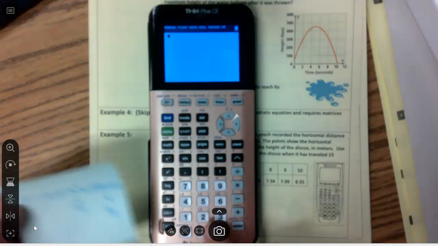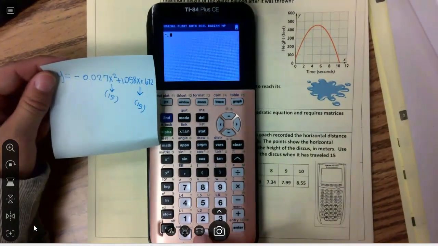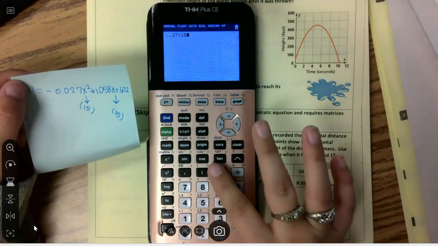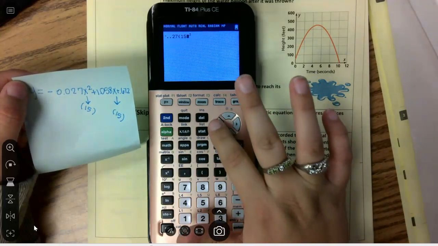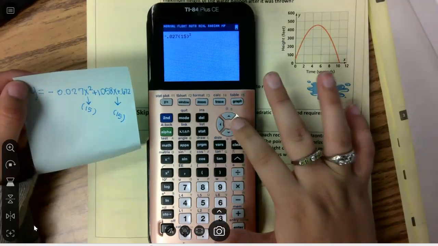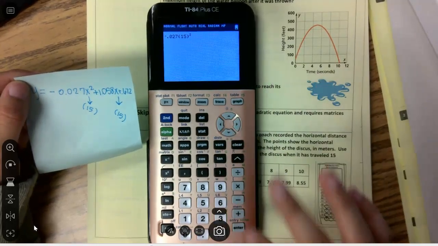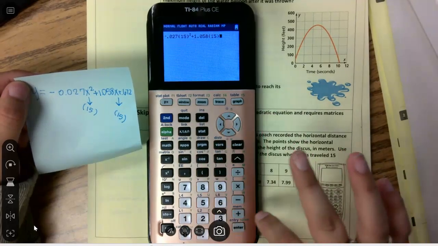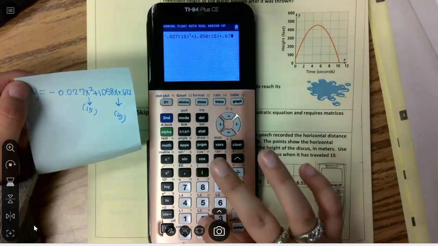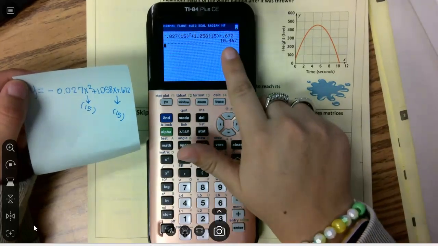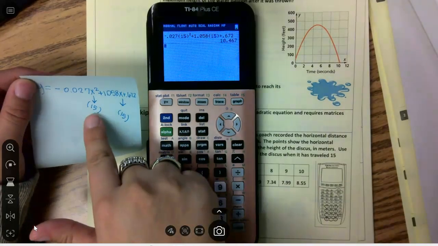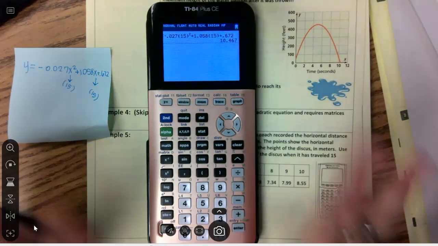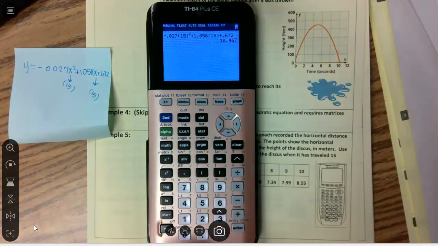We would take negative 0.027 times 15 squared, plus 1.058 times 15, plus 0.672. That means when the discus is 15 meters away from him, it is 10.467 meters in the air. And that's how we use quadratic regression using graphing calculators.